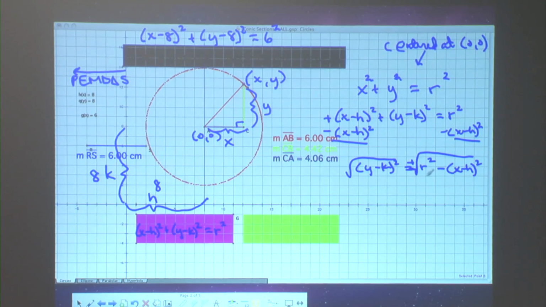Over here, you have something squared minus something, so you could get a negative on this side. Okay? So that's why there's a plus minus on this side. Does that make sense? Okay, so you take the square root and it gets rid of that.